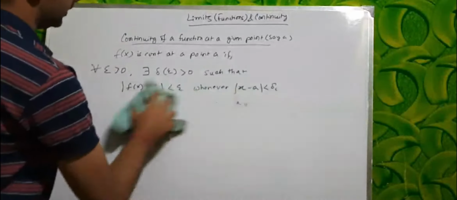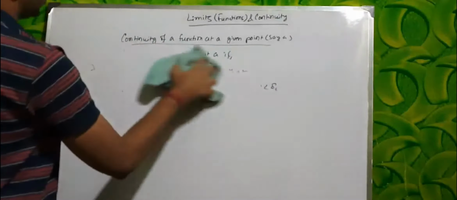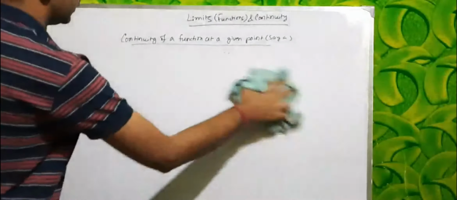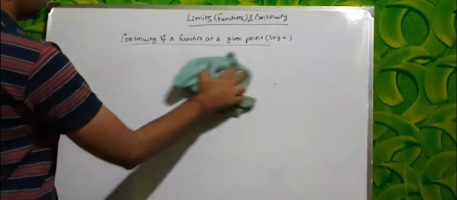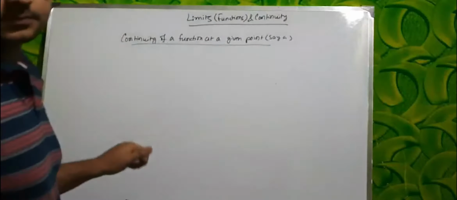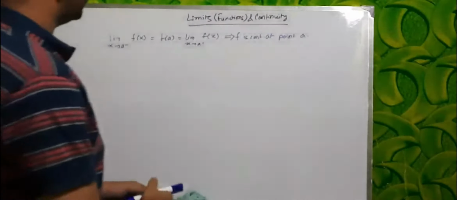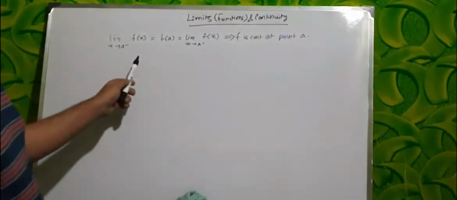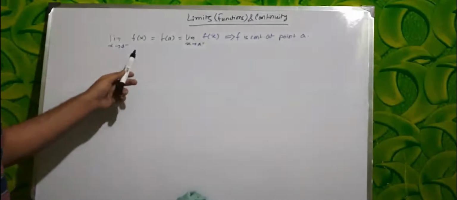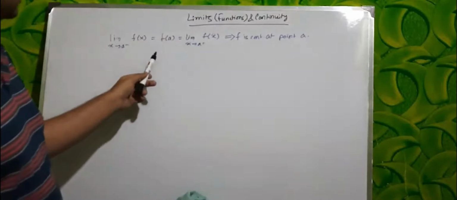But this is not necessary. f(x) can be continuous on the whole interval around a and not continuous at point a. Now if I say this mathematically, how do we understand whether f is actually continuous at a or not?